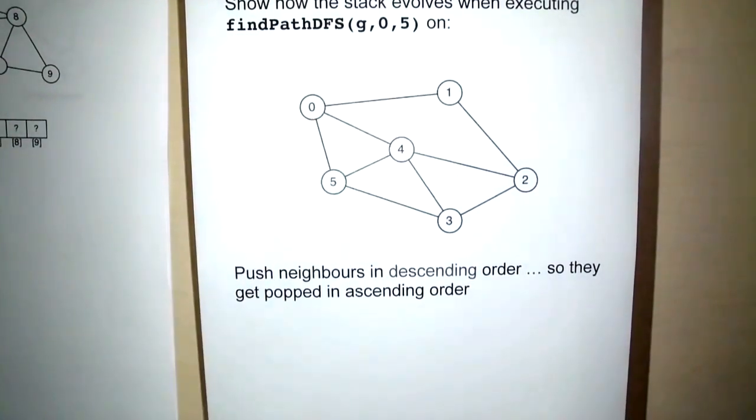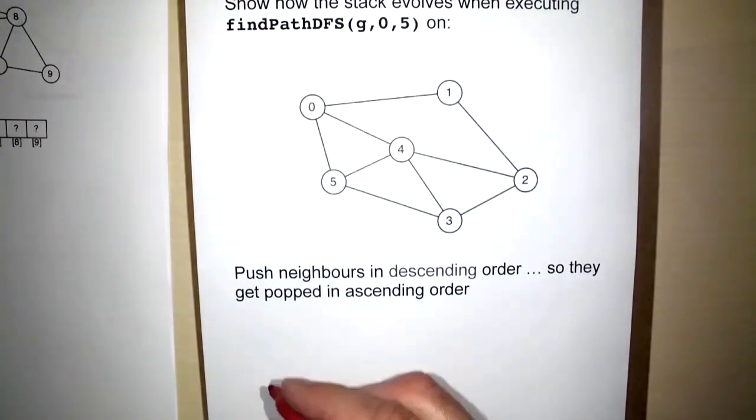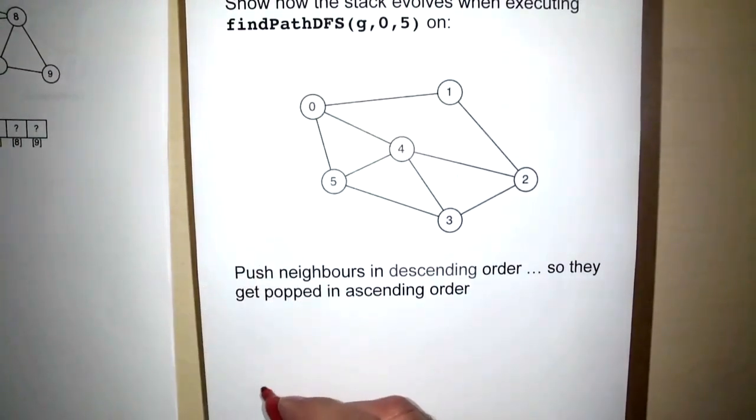And according to the algorithm, we have to, first of all, take the source and push it onto the stack. This is what happens first. The source is 0, so our stack starts with just having 0. Now we pop 0 off the stack. This is our first node to begin with.